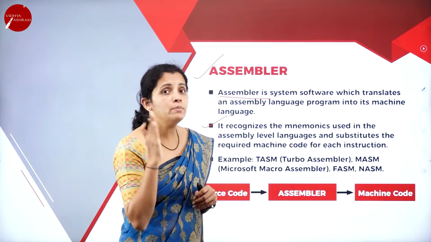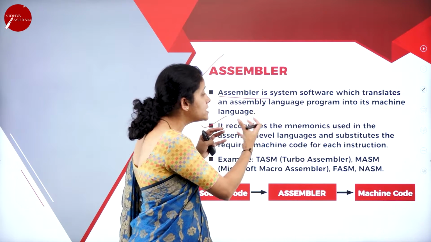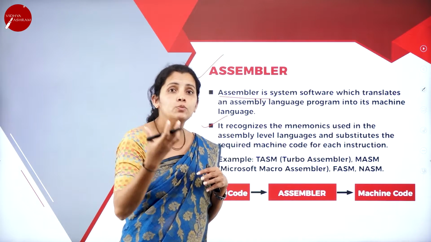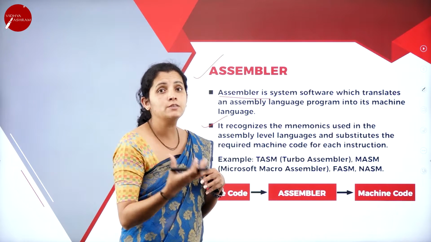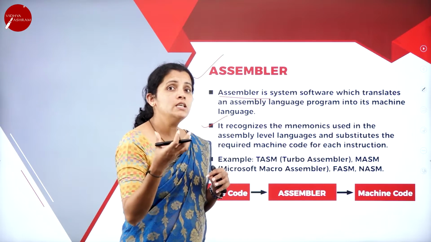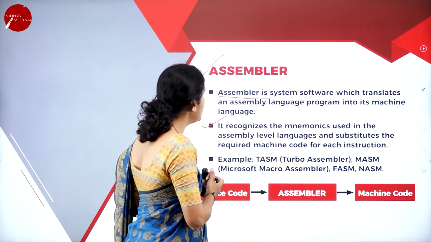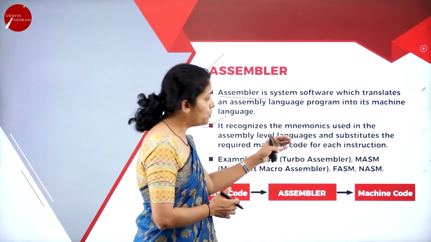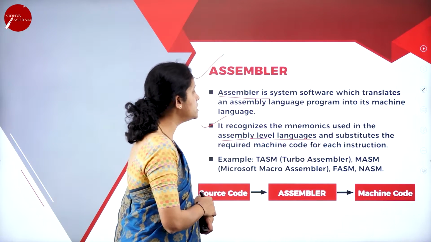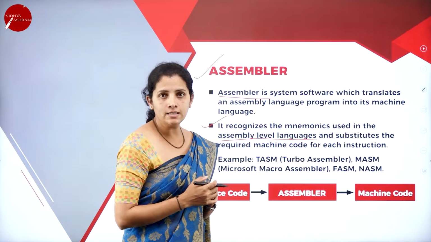So dear student, remember one thing here, that we are going to use assembly level language. So here all the assembly level languages use mnemonics. So what are mnemonics here? Here mnemonics are special symbols or special characters or words. And by using these words, we are able to write assembly level language. The assembler recognizes the mnemonics used in the assembly level languages and substitutes or replaces the required machine code for each instruction.